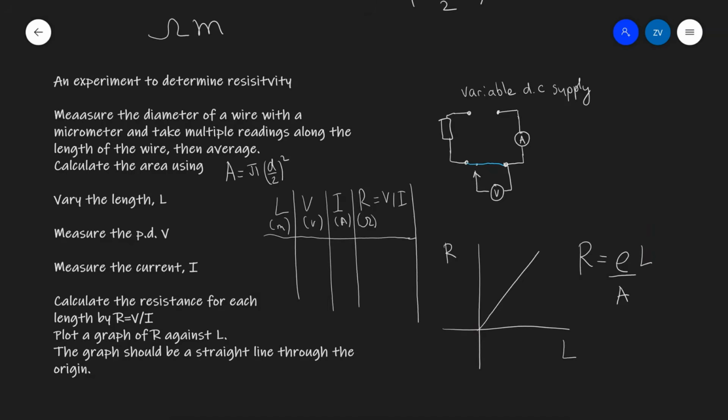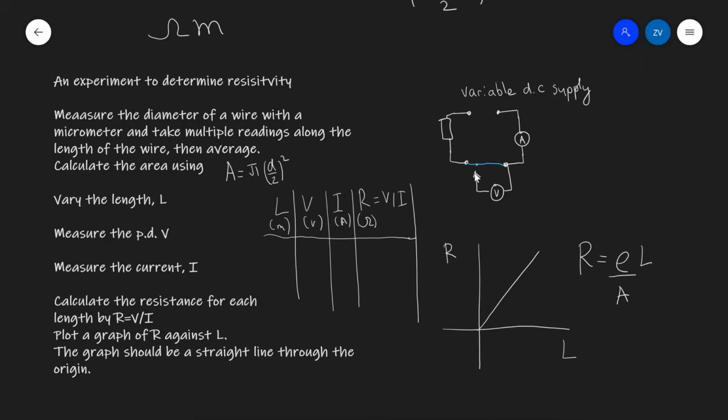Let's have a look at an experiment to determine the resistivity of a wire. In order to do so, we're going to have the following circuit. We have a variable DC supply connected to an ammeter. Then we have this wire, which normally is connected with crocodile clips to a voltmeter, the position of which could be adjusted along the length of the wire.